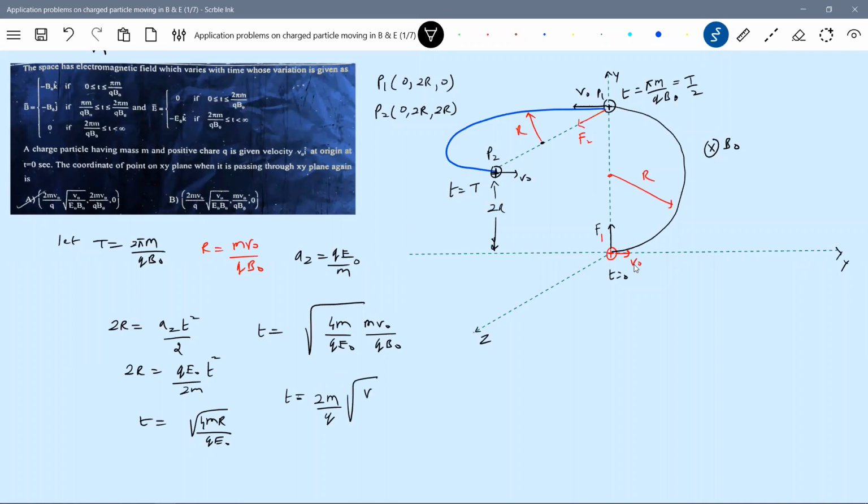Two m, q, v naught, E naught, B naught. He is asking for the coordinate. In this time, how much horizontal distance will it move? The x coordinate should be equal to v naught into t.